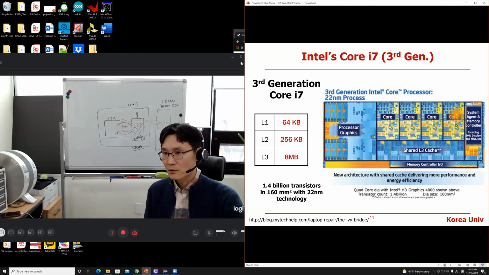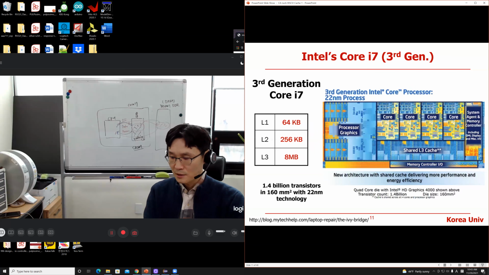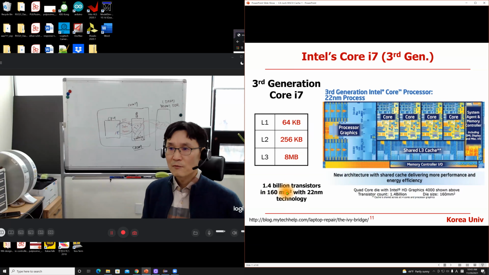And CPUs, 4 CPUs, same levels of cache. Cache size is the same, 64K, 256. Compare these two, 32, 8, right? Same, right? And the transistor count, 1.4 billion transistors.